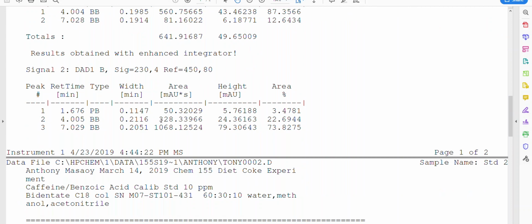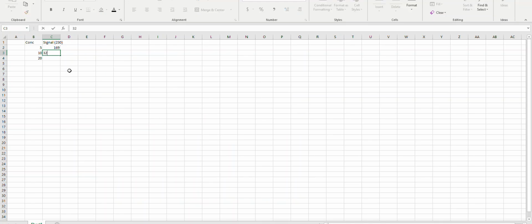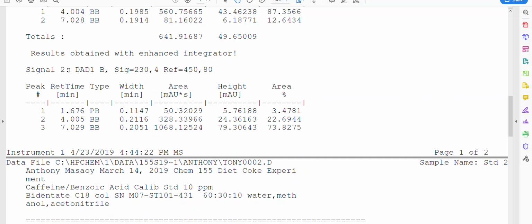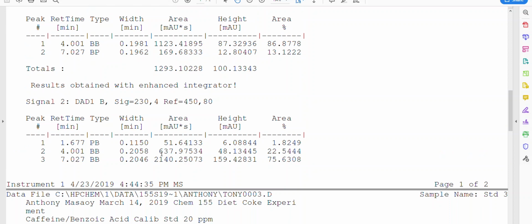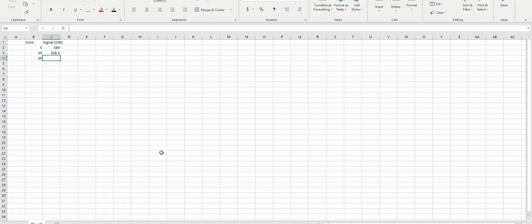The next peak is 328.3. Go back there, and then the third one is going to be 637.97 or 638. There we go.